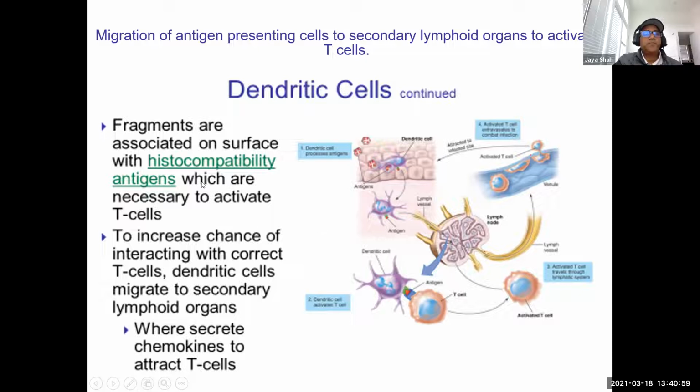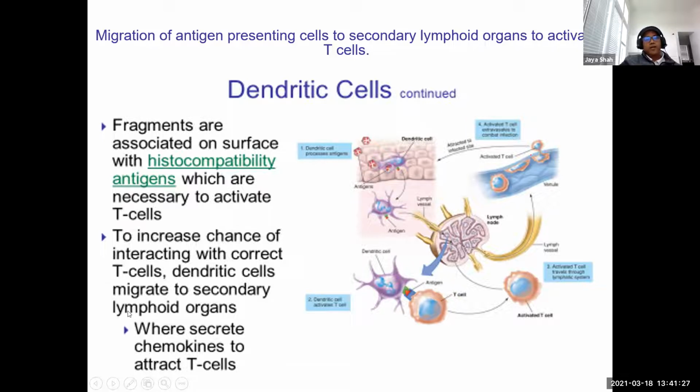Okay. So fragments are associated on the surface with histocompatibility antigens. You see between this red and the plasma membrane, this green part, that is a glycoprotein, and you know a glycoprotein is part of the plasma membrane or cell membrane. These are necessary to activate T cells.